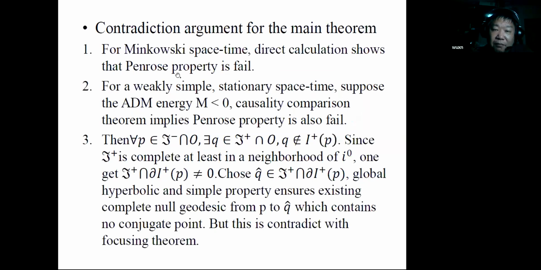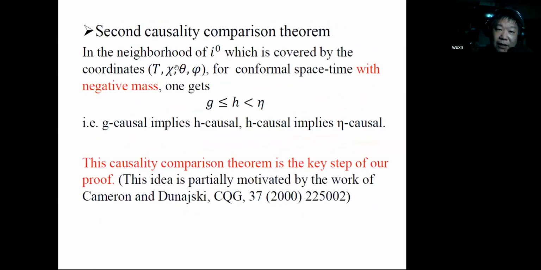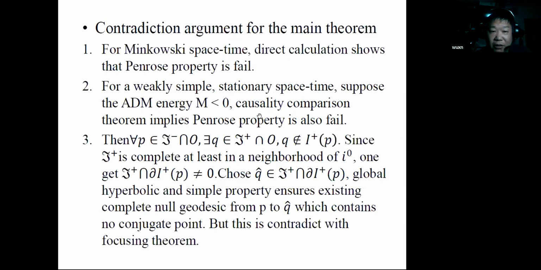Then, based on this, and remembering the second causality comparison theorem, you will know directly that for the weakly simple stationary spacetime with negative total mass, the causality comparison theorem implies that the Penrose property is also false.